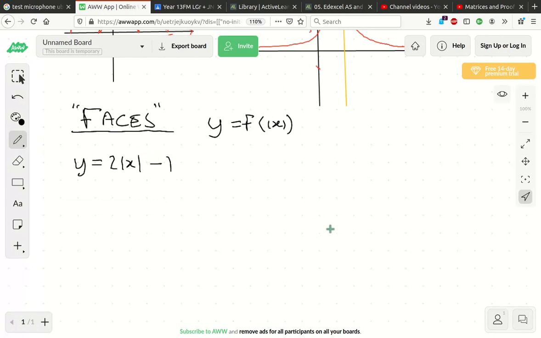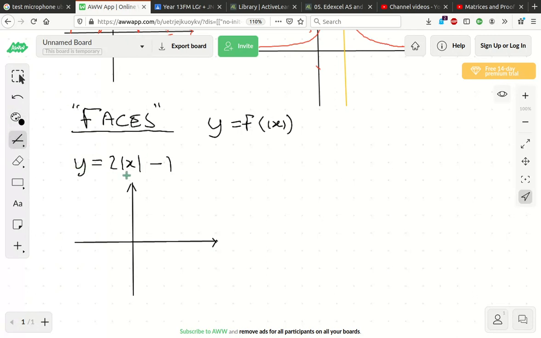If we do this one, it's not going to work the same as the bouncers, because y can be negative this time. For example, if x is 0, we apply the modulus to 0 and you just get 0, times it by 2 you still get 0, and then you're taking away 1 at the end, so you can get -1 for your y coordinate here.